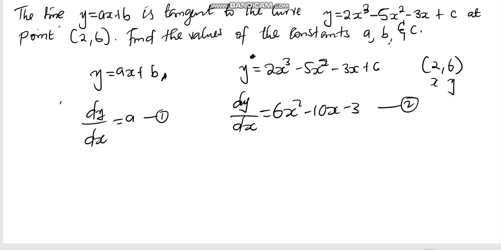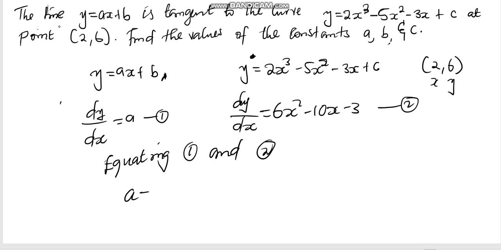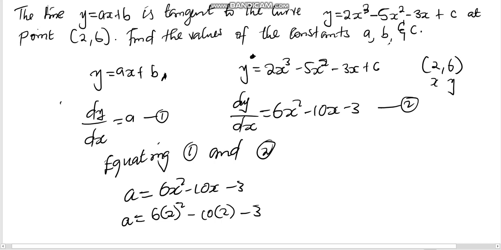Now equating 1 and 2, a is equal to 6x squared minus 10x minus 3. Where there's x, we substitute 2. So a is equal to 6 times 2 to the power 2, minus 10 multiplied by 2, minus 3.